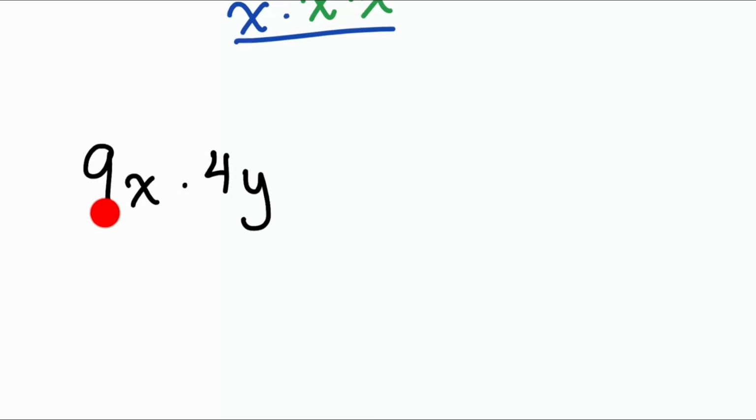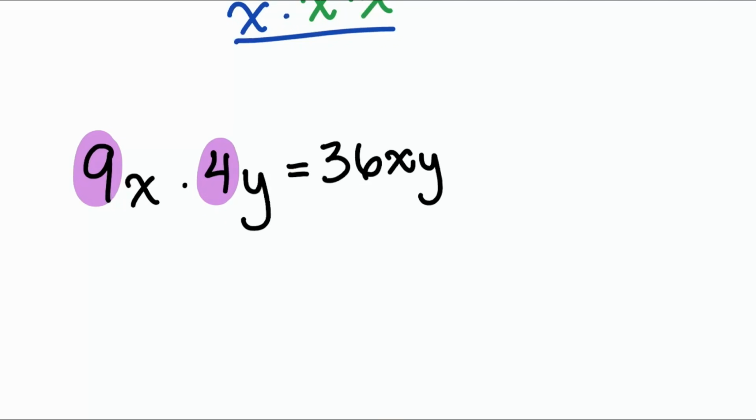Those coefficients, we can still multiply those together. I can grab the 9, and I can grab the 4. Everybody, what's 9 times 4 going to give us? 36. That's absolutely correct. Appreciate y'all for that quick response. And then we have the x and y still being multiplied, but there's nothing to do here. So all we're going to do is just write 36xy.